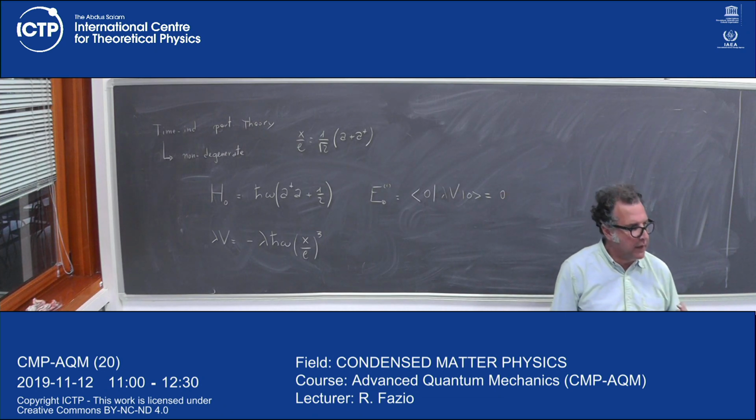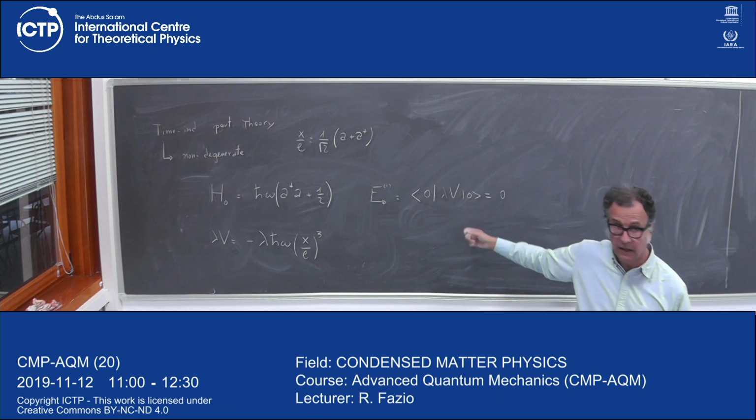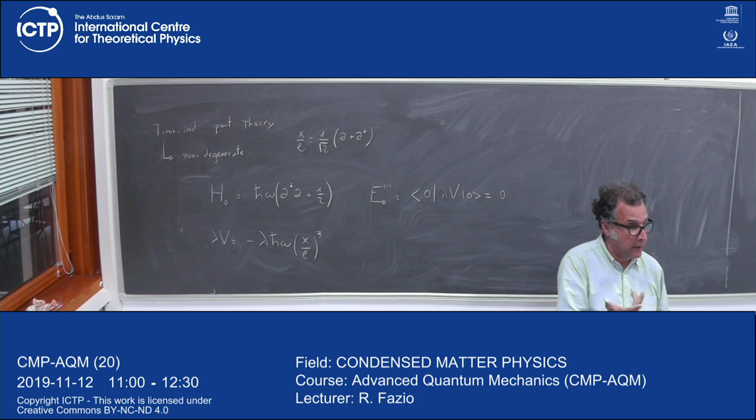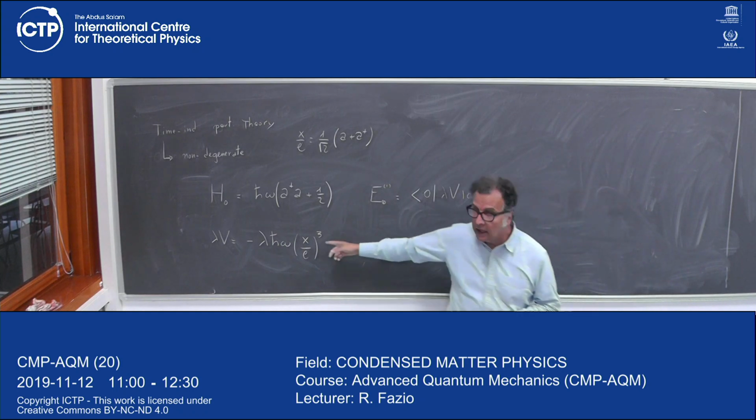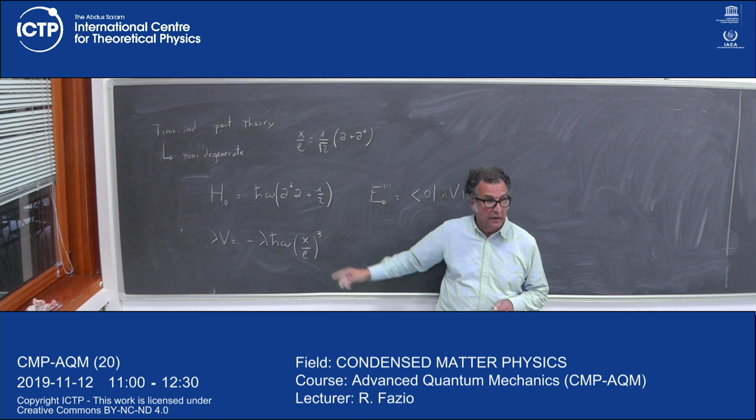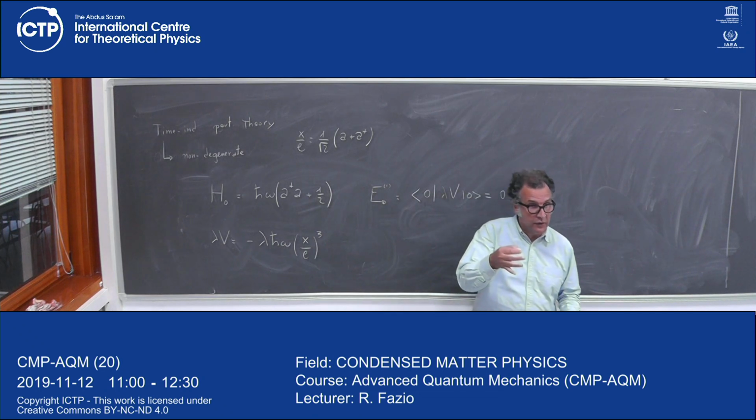Now, if I look at the wave function, what is the wave function in the ground state for the harmonic oscillator? Gaussian. It's a Gaussian. So it's something which is even if you change x into minus x. Now the same thing, why we get 0, you can see in this way. x cubed is odd, it's an odd function.